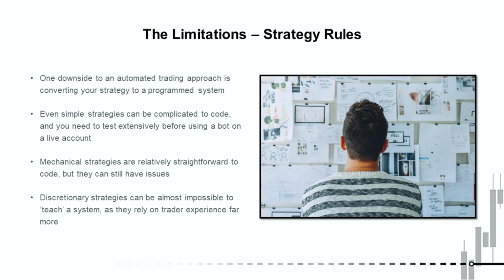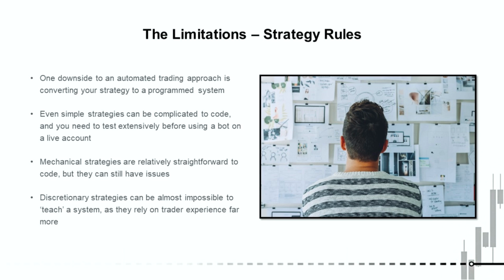This comes down to really your ability as a trader to code a bot. It's something I definitely can't do. I need to ask experienced people to help with our bot because I can't write code, certainly not to the level that we need to employ our trading strategies, which are quite simple, to be honest. Mechanical trading perfectly aligns itself with automated trading because we have a fixed set of rules.